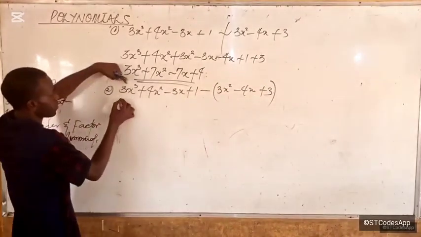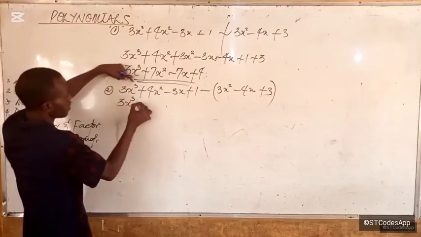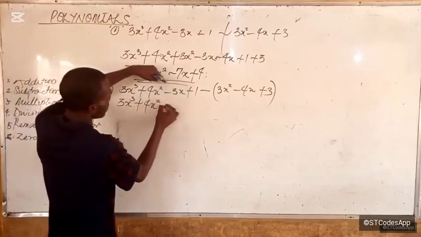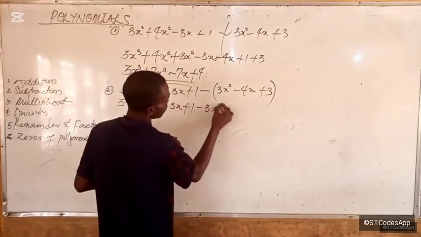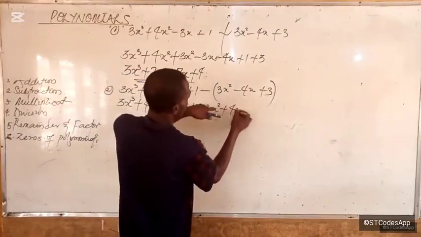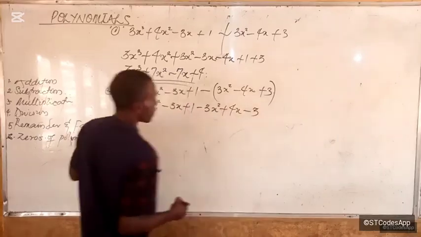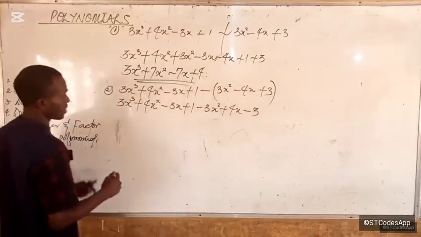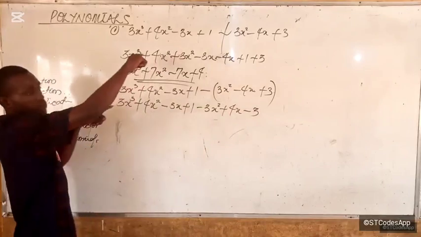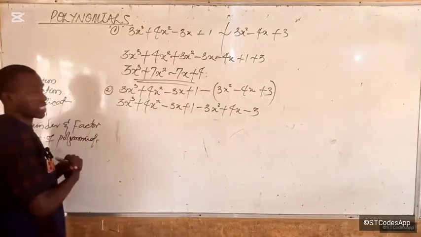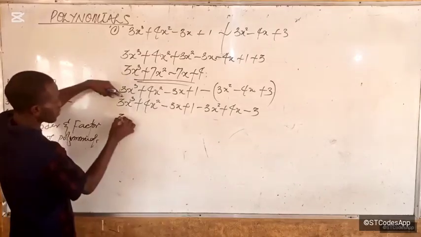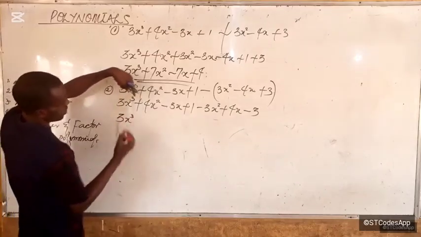So what we have now will be 3x cubed plus 4x squared minus 3x plus 1 minus, in brackets, 3x squared plus 4x then minus 3. Then next, you now follow the rule that we talked about the other time, pair them up based on their powers or their degrees. This guy has no pair, so we rewrite it.